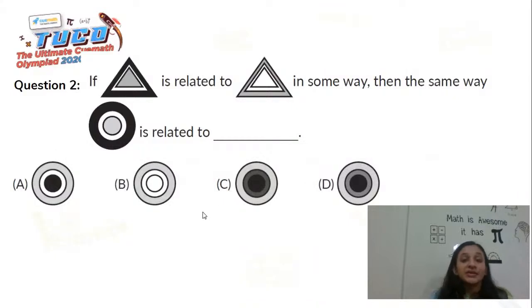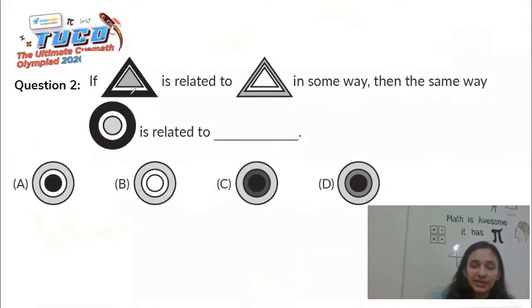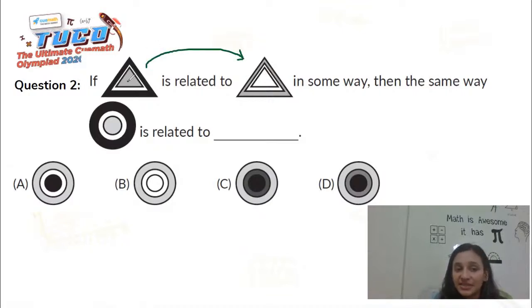All right. So if you look at the relation between the two triangular figures, we would see that the outer border was darkly shaded. Then we had the blankly shaded border, which is basically white in color, and then the inside triangle was shaded in gray color. Now when this gets related to this, the inside color, which was gray, comes to the outer boundary, outer border, and the two inner triangles get the light shading, which is the white color.